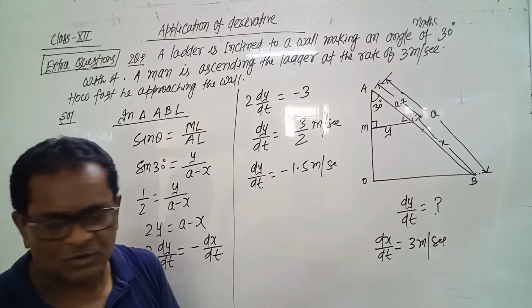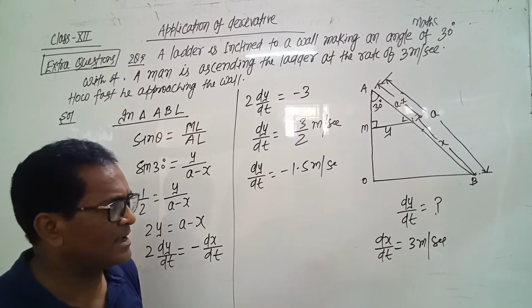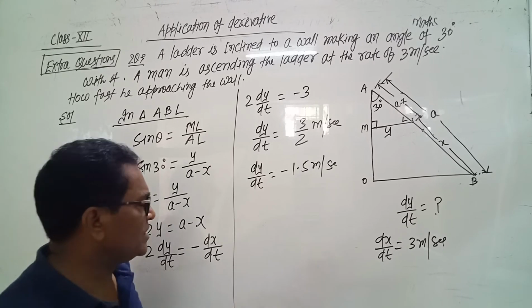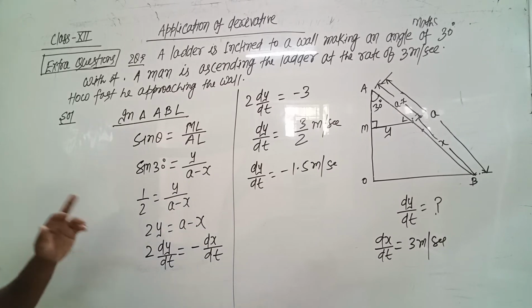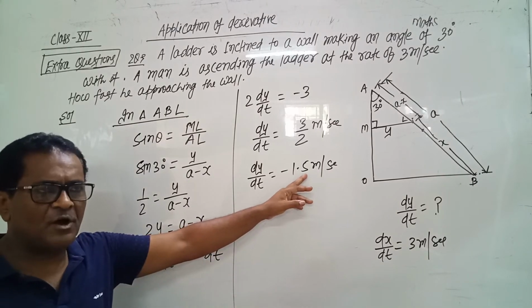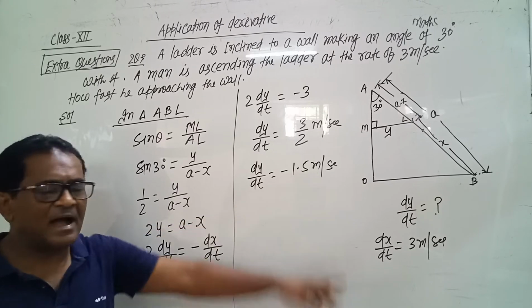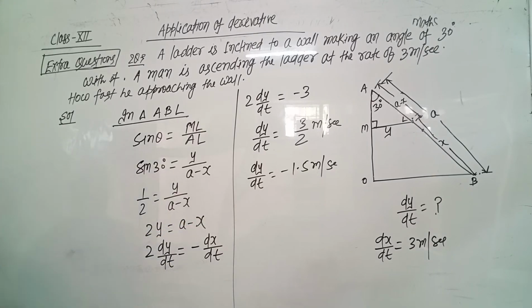So how fast is he approaching the wall? The man is approaching the wall with the speed of 1.5 meter per second, and the minus sign shows that the distance goes on decreasing.